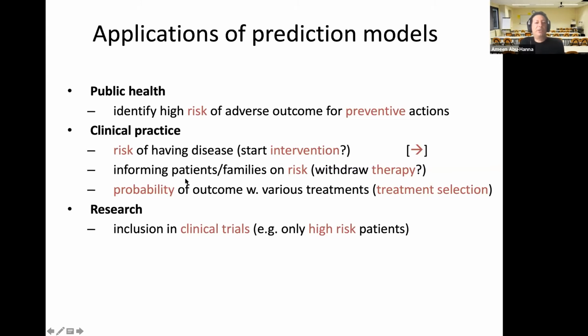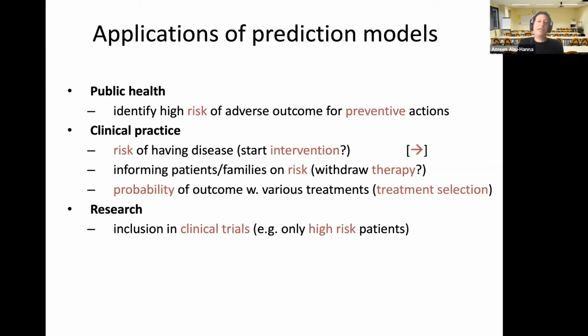Another reason why we want to predict something, especially in the future, is because we want to inform patients and families. For example, in the intensive care unit, some patients are so ill that they are also sedated, and you have no contact with them. You can continue treating them, but maybe it's futile care, nothing will improve.